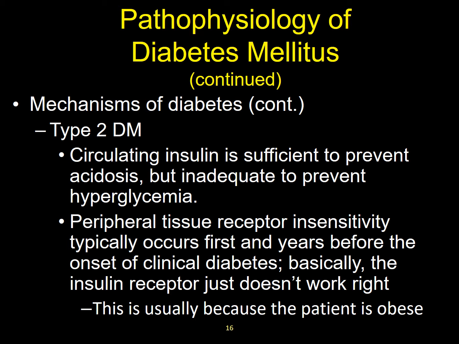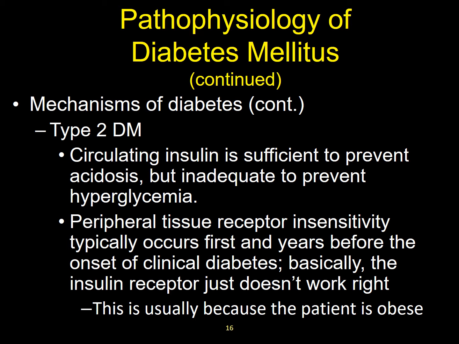The reason that type 2 diabetes happens, the overwhelming majority of the time, is that the patients have peripheral tissue receptor insensitivity. Remember, that last graphic we looked at was how insulin, after being released from the beta cell, goes out and binds to a peripheral receptor somewhere and then facilitates intracellular movement and storage of glucose.